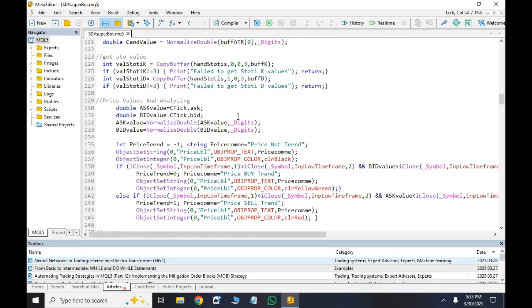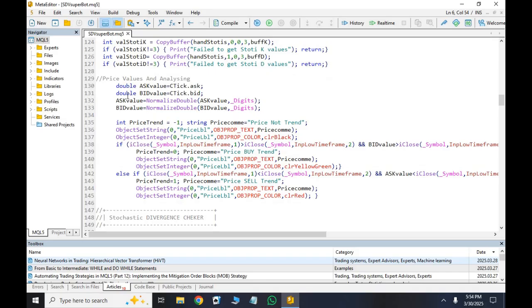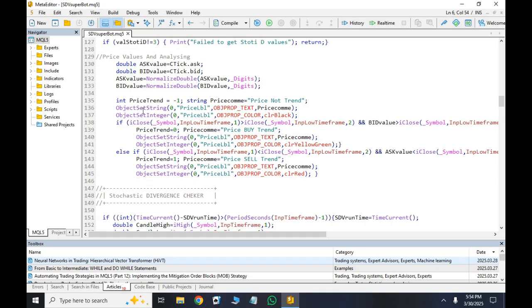This is the price analyzing. You already know how to analyze the price; I explained it previously. First we get the ask value and bid value from ctick.ask and ctick.bid, and normalize those values, and we set an int variable as price trend.